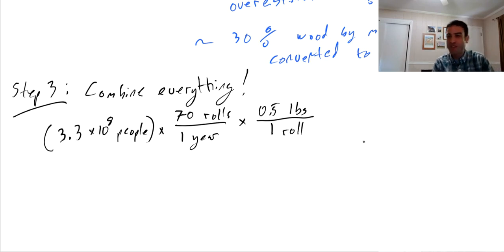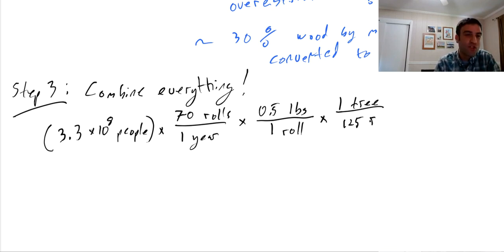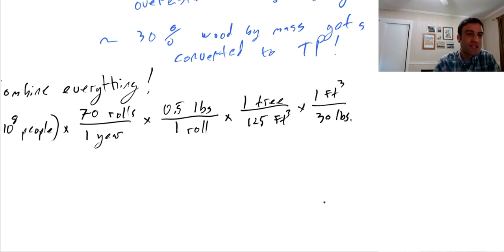So we're going to do this extended units conversion. We're multiplying that by, we said there's 1 tree that goes into 125 cubic feet. We said a cubic foot, so 1 foot cubed, was about 30 pounds. And scrolling over a little bit because I'm running out of room, we said that there was about, let's say, 100 pounds of tree per 30 pounds of paper, right?